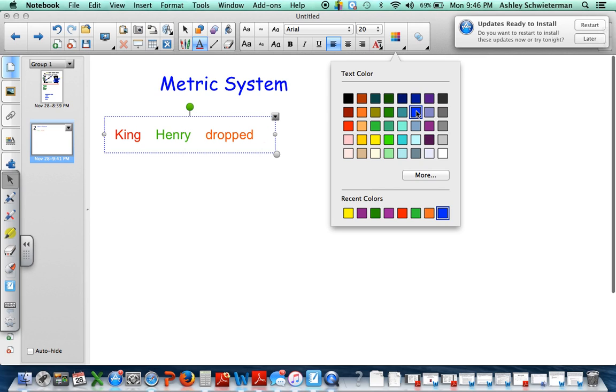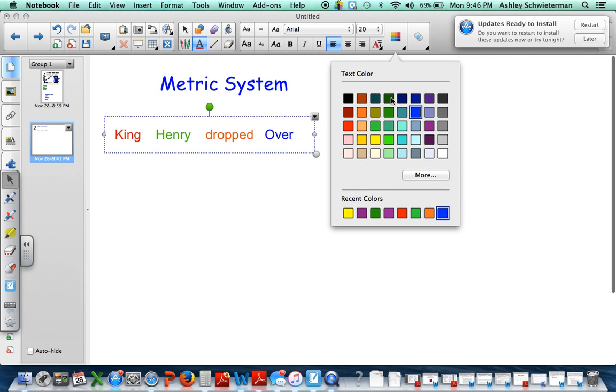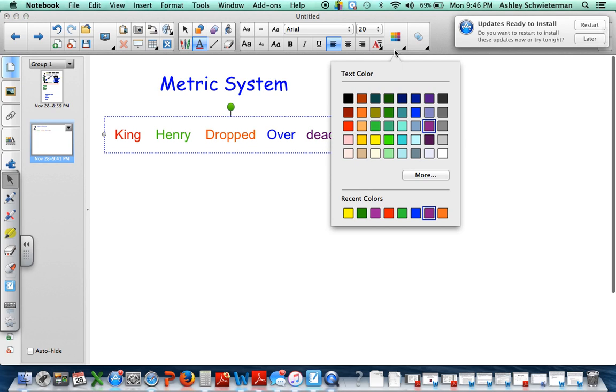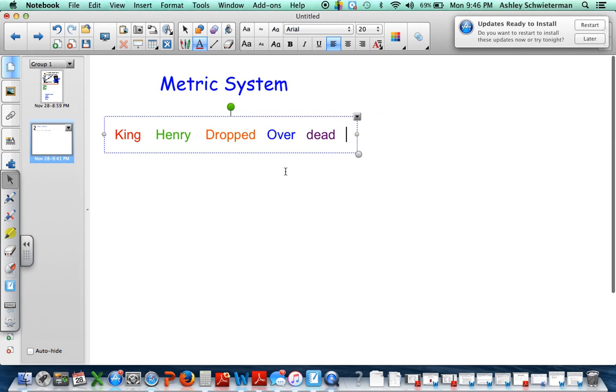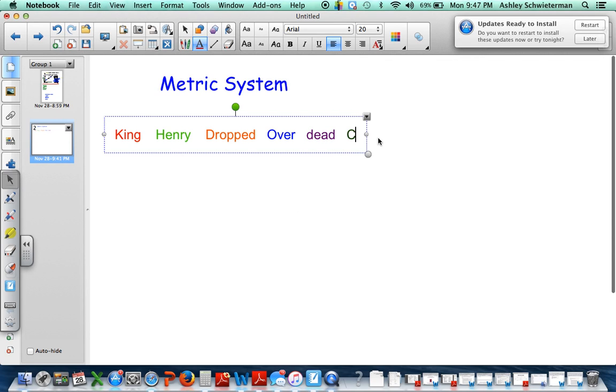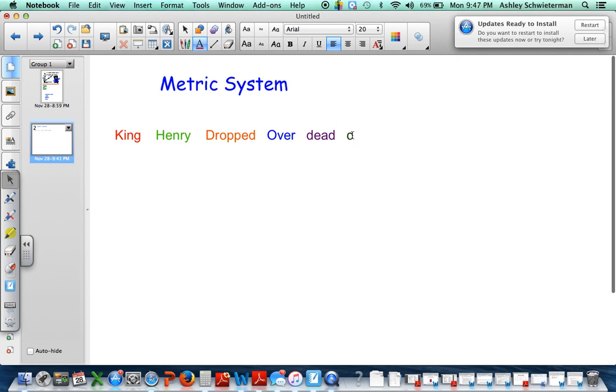You should be taking notes. Over, dead, converting, metrics.